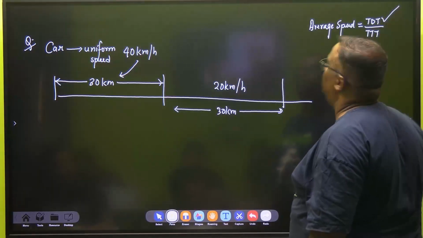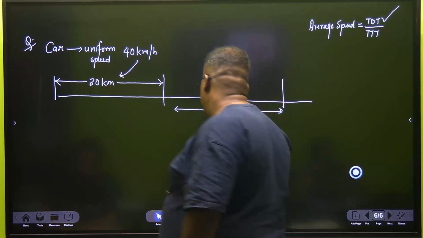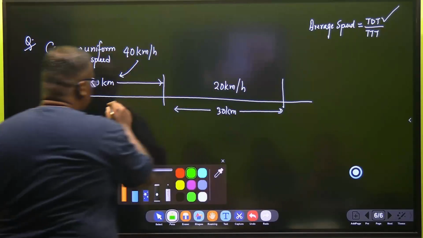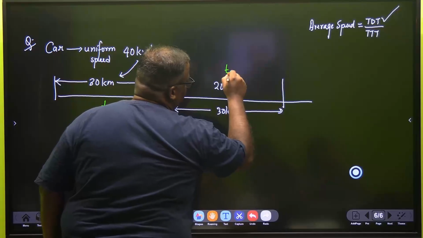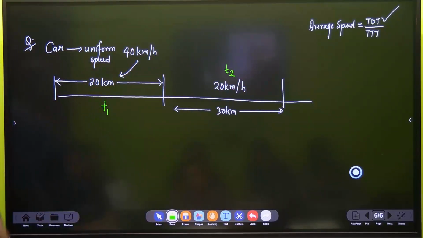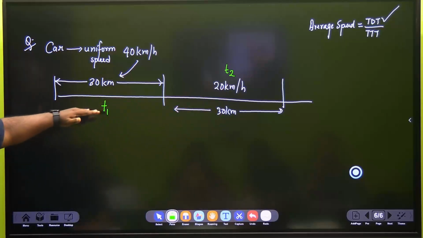This data is already with you, which is 60 kilometers. You don't have the total time. So our problem now boils down to this: for this stretch, let it take some time t1, and for this stretch, let it take some time t2. What is the total time? t1 plus t2.